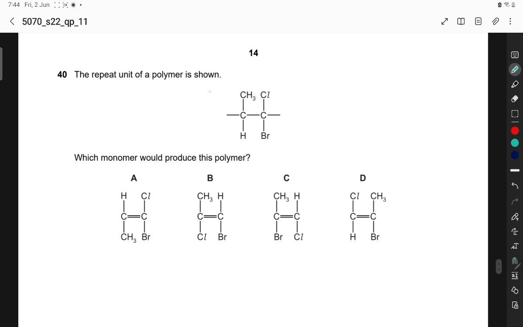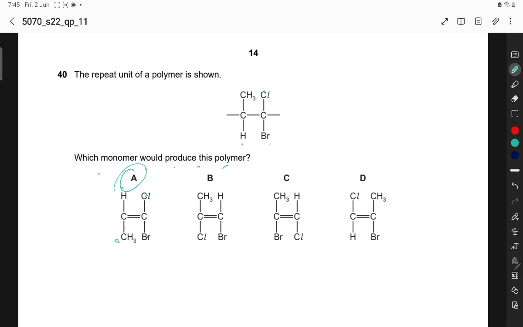The repeat unit of a polymer is shown. Which monomer would produce this polymer? CH3CHCl, CH3CHBrCl. This option does not matter whether bromine is present.